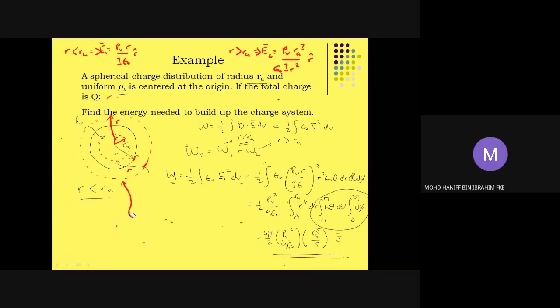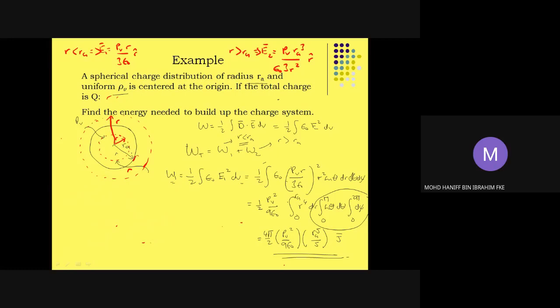Doctor, may I know why the limit of integration is 0 to Ra? Okay, because if we base on your electric field 1 just now, what is the range of electric field number 1? The range of E1 will be from 0 to Ra, right?